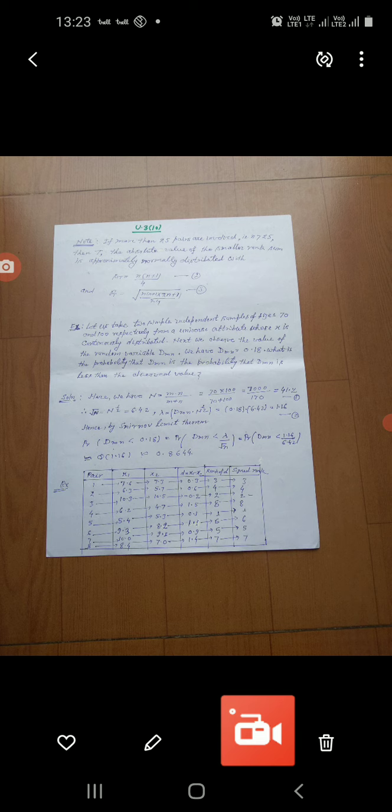For pair number 7, we have x1 as 10 and x2 as 9.1, and its difference is 0.9.